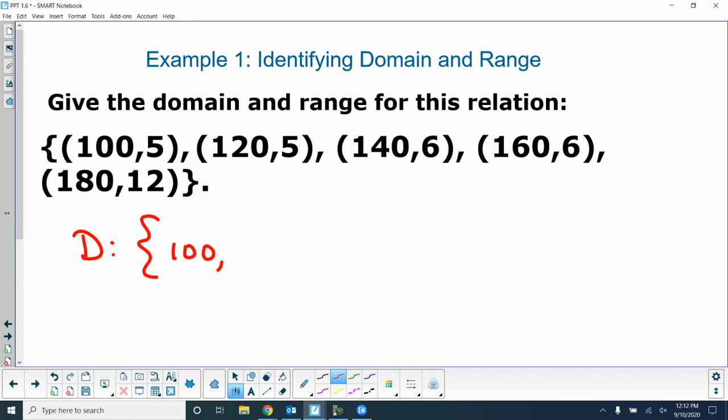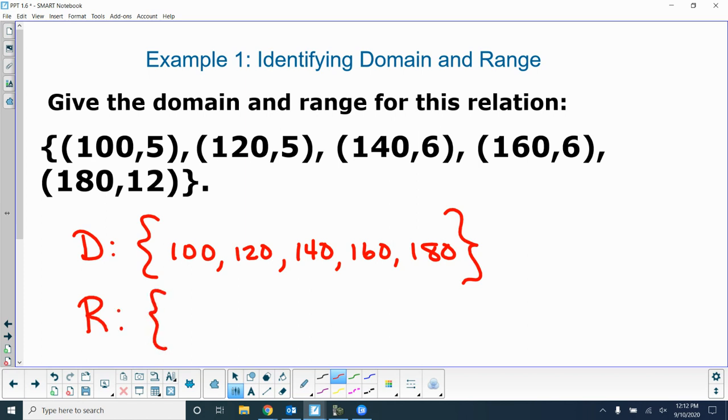So give me the other x values. 120. 140. 160. 180. Very good, sir. Hunter, what's the range? 5, 6, 6. Very good. You don't have to write it twice if it shows up more than once. That's all you've got to do. Simple, right?